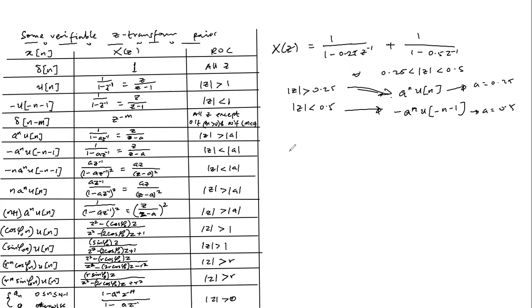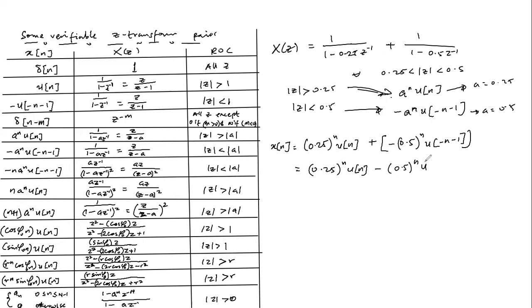So once we plug that in, we have s of n looking something like this: 0.25^n u of n plus, in brackets, minus 0.5^n u of minus n minus 1, which will be the same as 0.25^n u of n minus 0.5^n u of minus n minus 1.